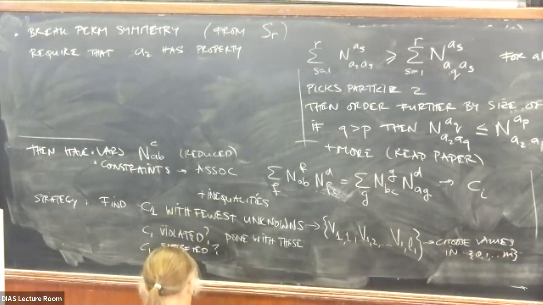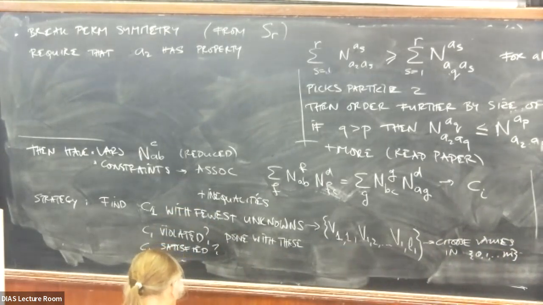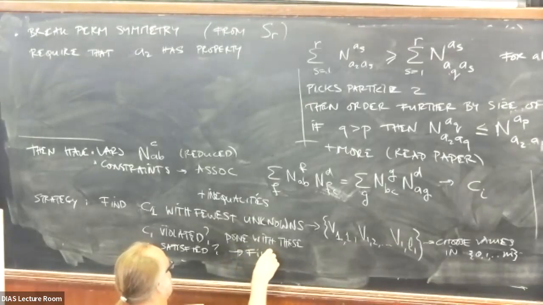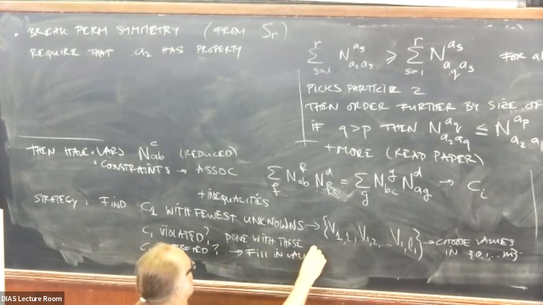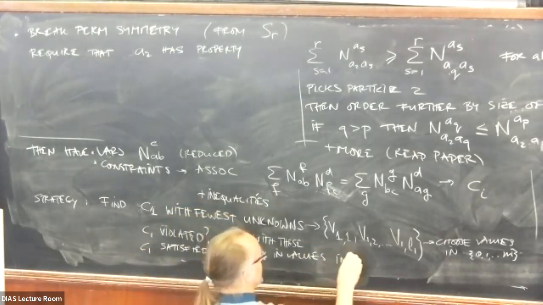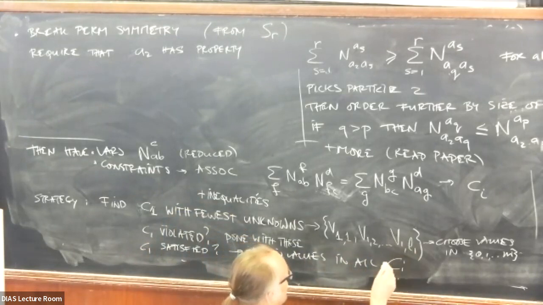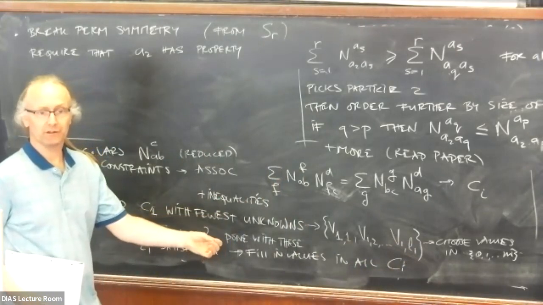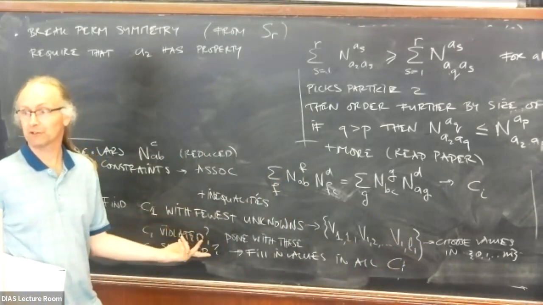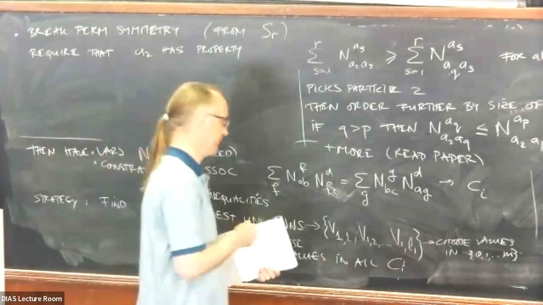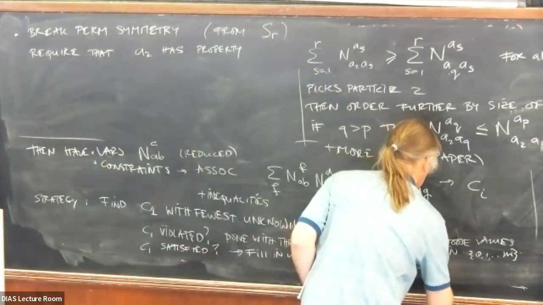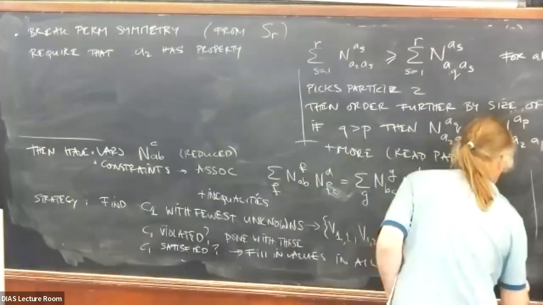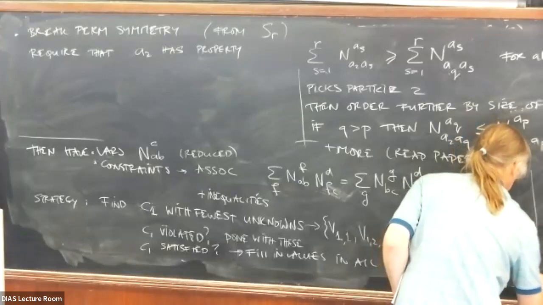All these, if it's satisfied, then we fill the value in all the C_I, right? And then we find C2, which is the one which now has the fewest variables left, not counting the ones that we just filled in. Now with fewest variables.